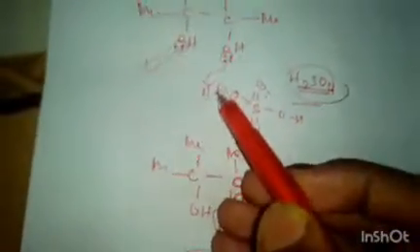Let's just recap what we have learned today, the reaction mechanism. First, in H2SO4, the lone pair takes up the hydrogen, and the hydrogen gives its bonded electron to oxygen. Then O plus 2H is formed, bonded to carbon.